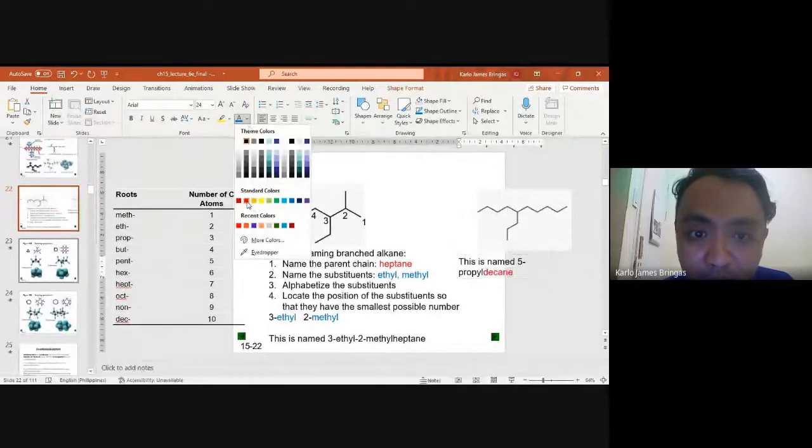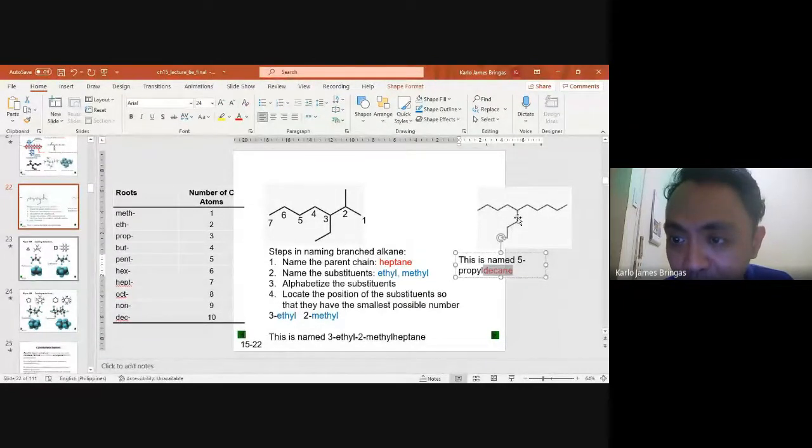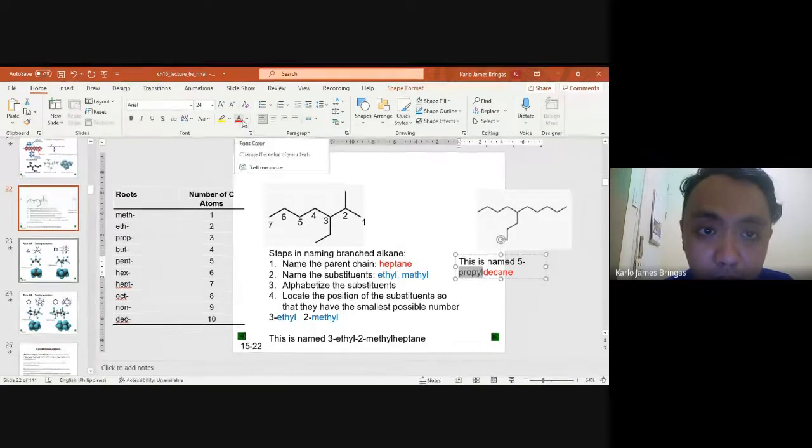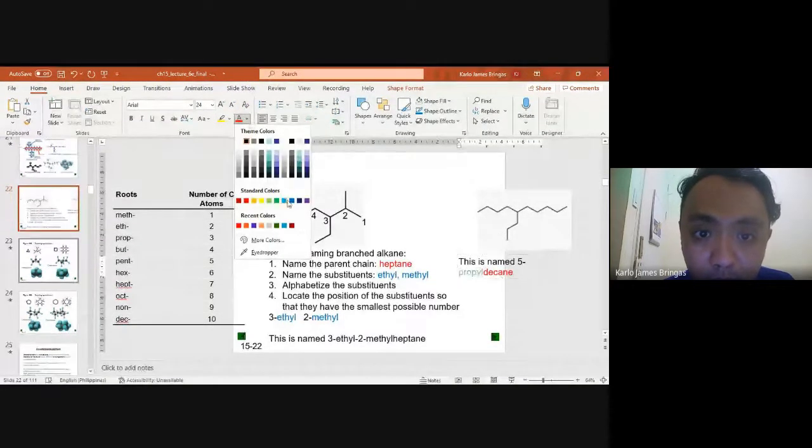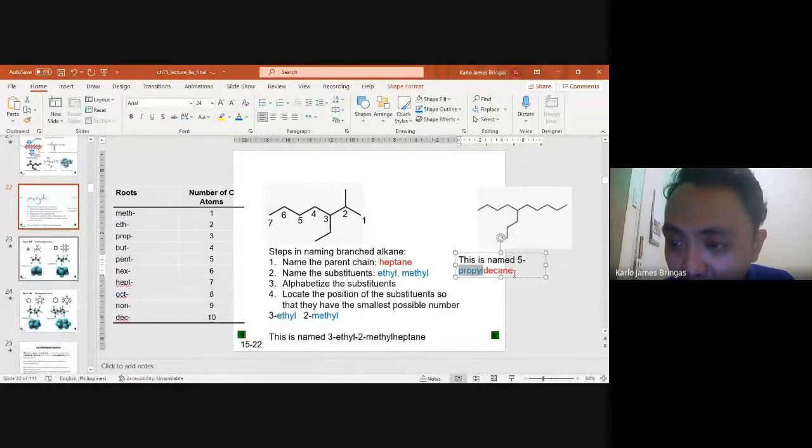Now, connected to the decane, meron kang, ito siya, this one connected to it. So this one, it has 1, 2, 3. 3 carbons, kaya siya naging propyl. And finally, so the propyl group is in carbon number 5 because if bibilangin natin from left to right, 1, 2, 3, 4, 5.